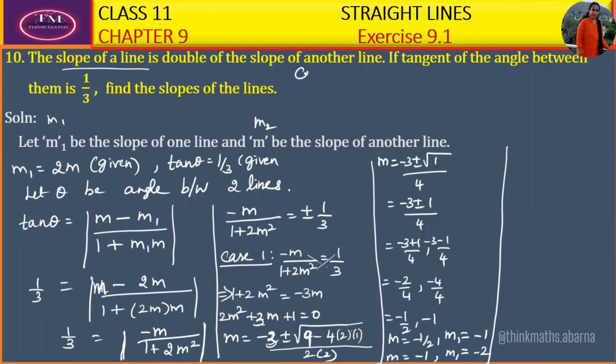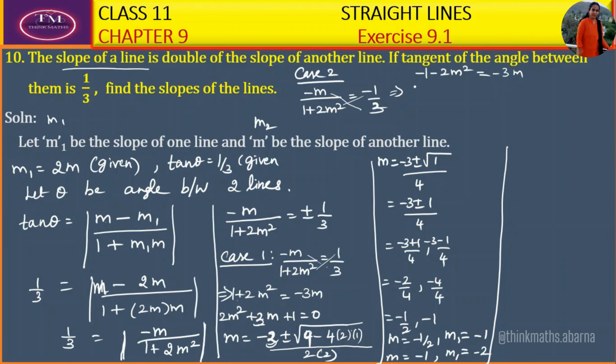Now case 2. Let me start here. Case 2 is minus m divided by 1 plus 2m square can be minus 1 by 3. Okay. So now cross multiplying with minus 1, we will get minus 1 minus 2m square, which is equal to, cross multiplying this, we will get minus 3m.